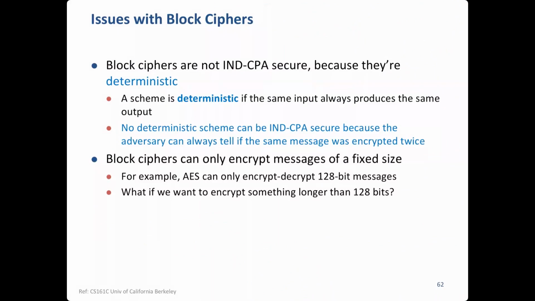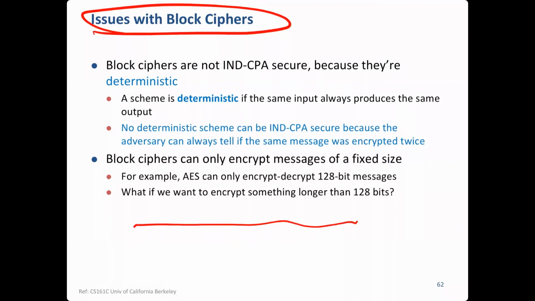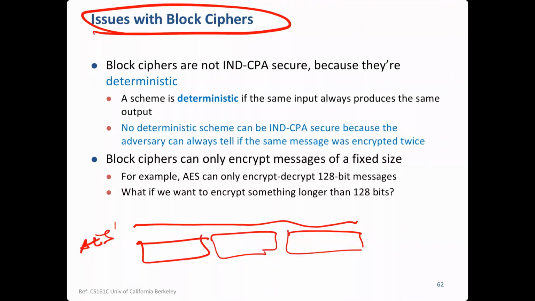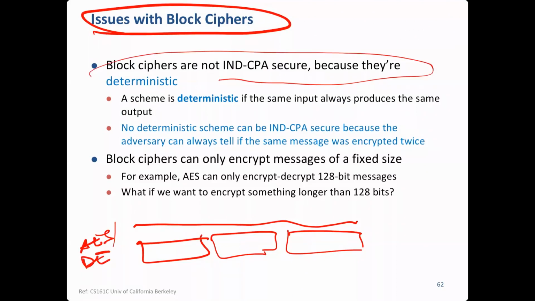And we have seen block ciphers. Now, the problems with block ciphers: we say that we have a stream of data, which is split into blocks and then use AES or DES. Then these are not IND-CPA secure. That's the first problem. What is the second problem?